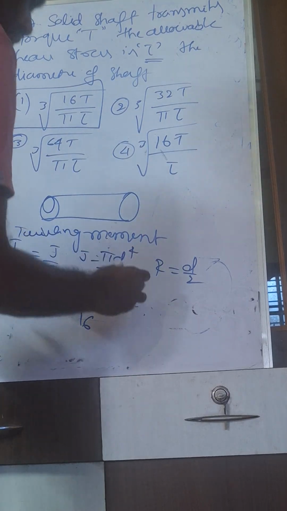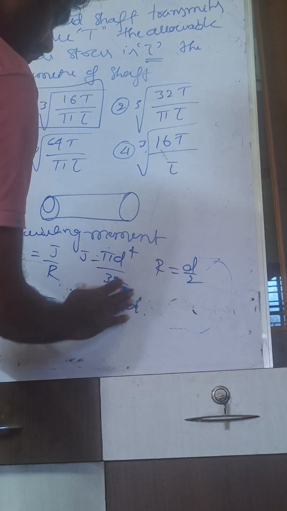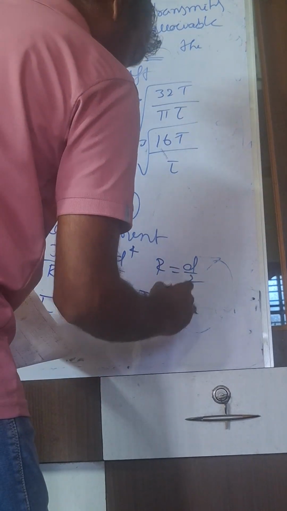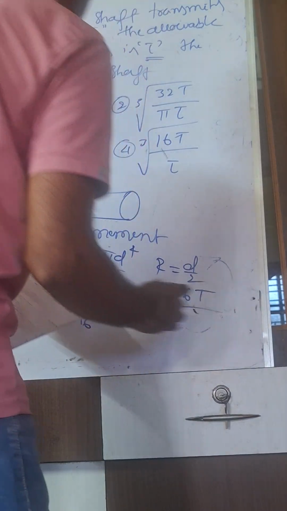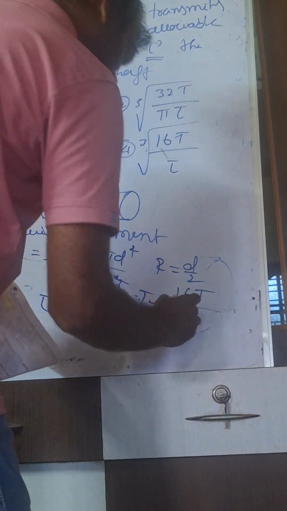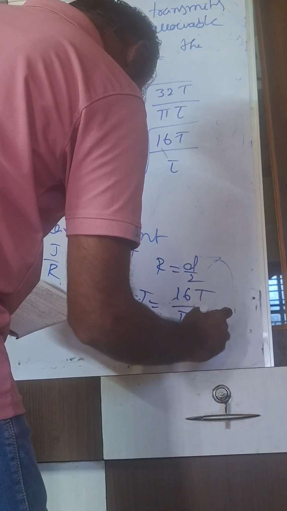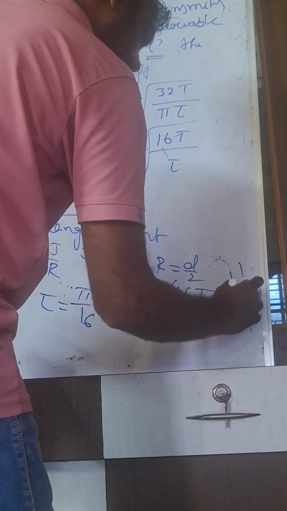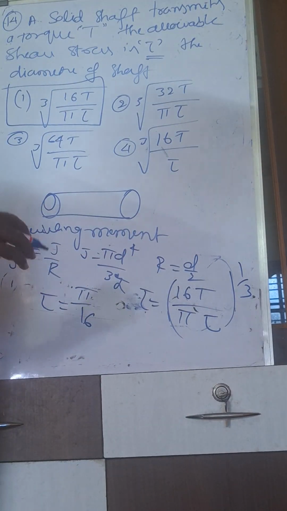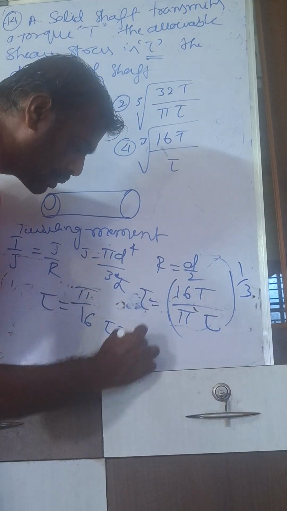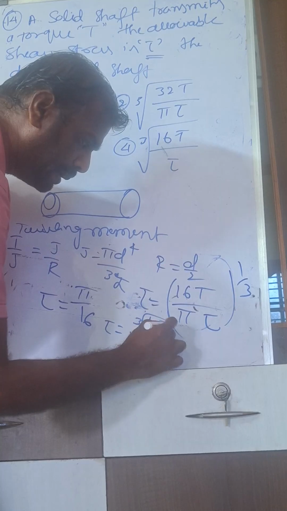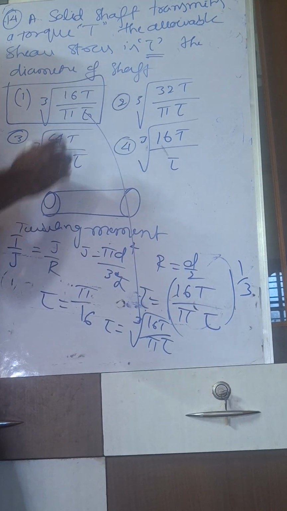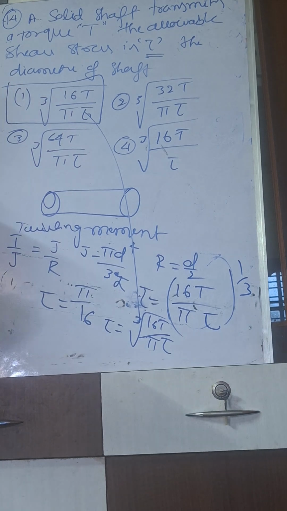Next, the shear stress tau is equal to 16 into T denominator by 5 J. This is 1 by 3. It is written as tau equals the cube root of 16T denominator by 5 J. This is the answer, the cross multiplication answer.